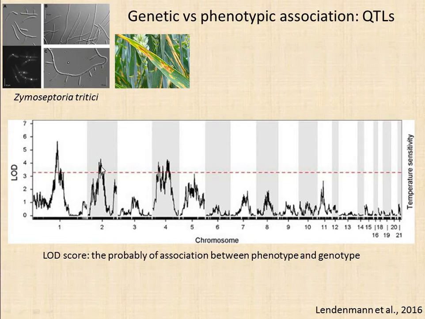And then in this case, we establish a LOD score threshold, which is based on permutation tests and everything. We will do that in the practical, hopefully. And they could find 3 or even 4 QTLs that could be responsible for temperature sensitivity. So again, these QTLs show association between genotype and phenotype.